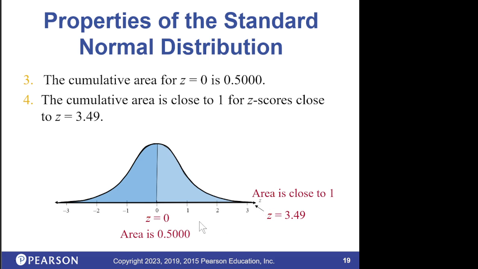And so all the standard normal tables will always be the same. If I know a z-score, I can talk about the area of the curve up until that z-score. The back of your book has some tables to work with this.